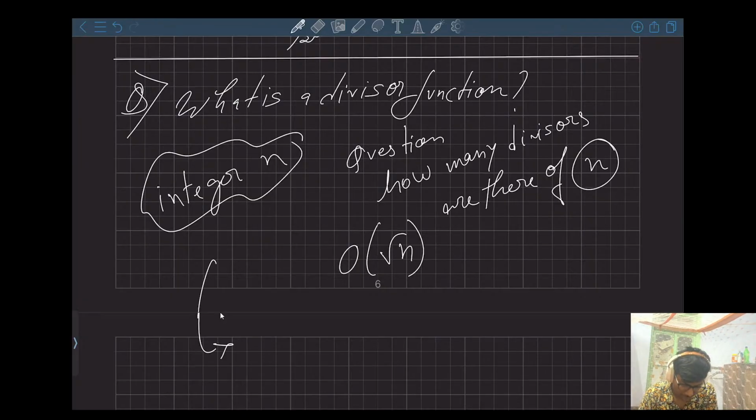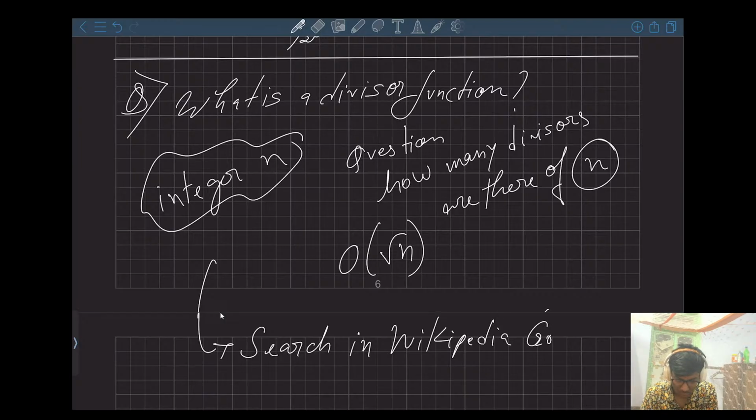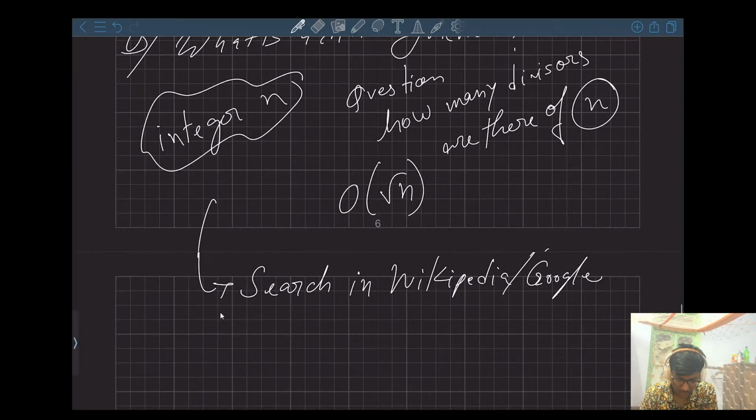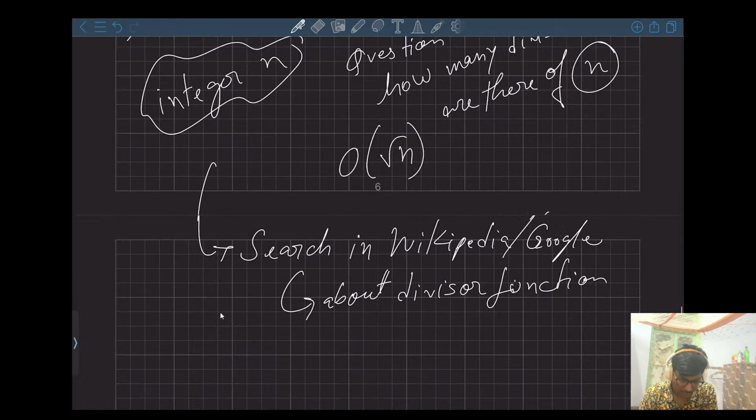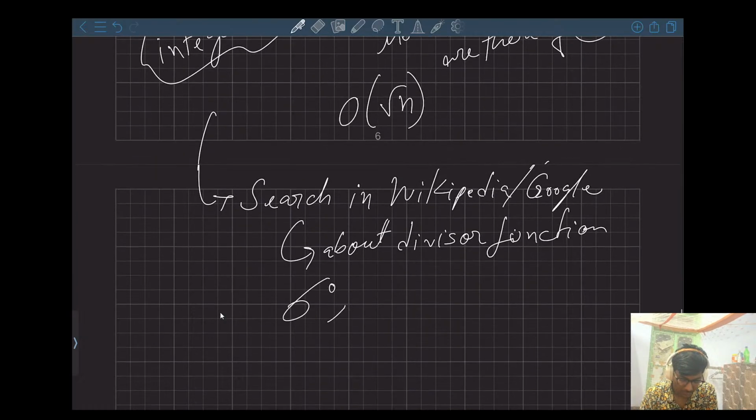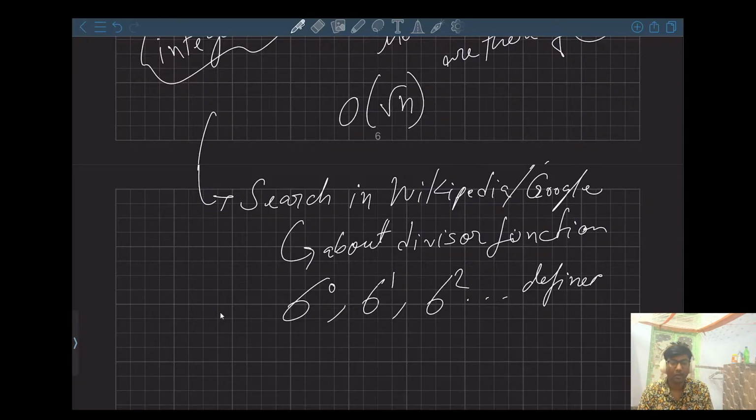Let's search in Wikipedia or Google about the divisor function, like how sigma 0, sigma 1, sigma 2 are defined. But again, this is optional for competitive coding.